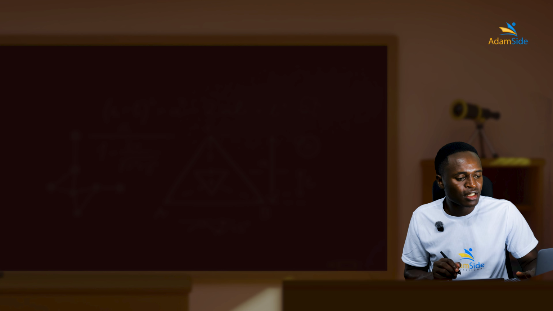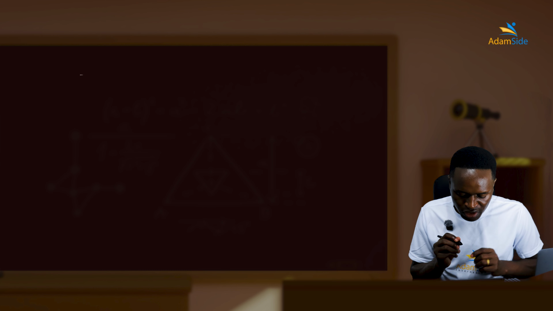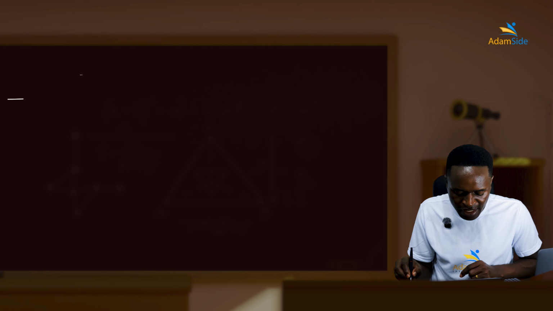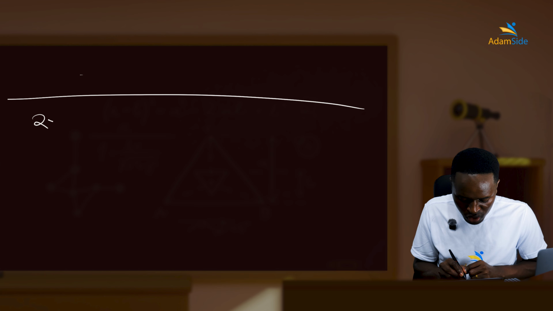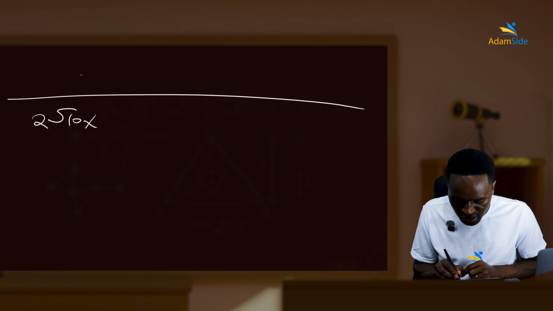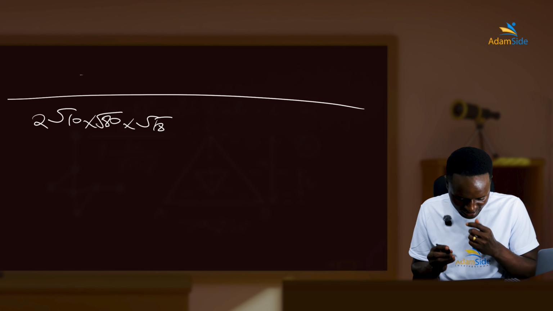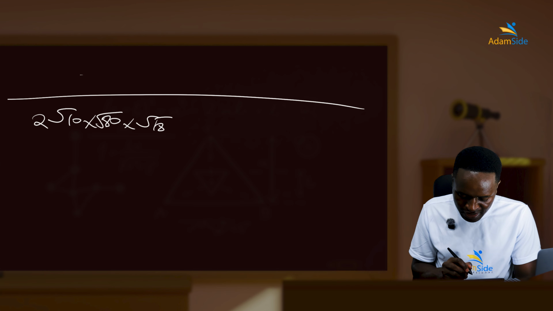Another question. All of these questions are simple, but we'll solve all the questions inside. We'll not leave any single question. So 2 root 10 times root 80 times root 18. Correct. That's perfect. So what do we do in that case? We say 2 root 10.